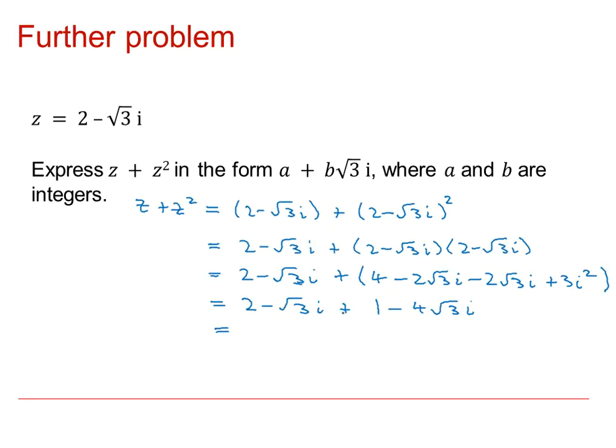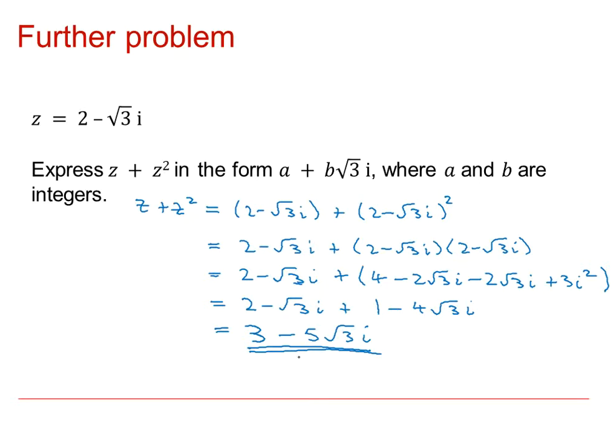We've got 2 plus 1 is 3. We've got minus root 3i, minus 4 root 3i is minus 5 root 3i. And we've got it in exactly the form they wanted.